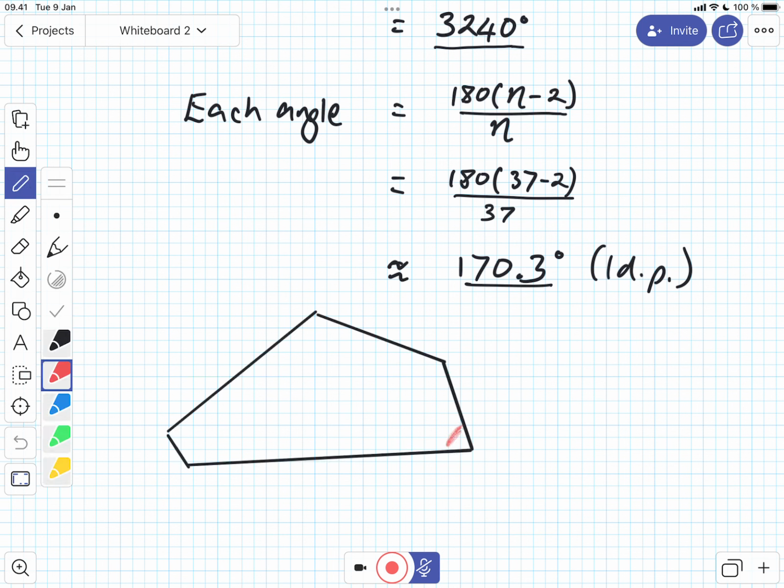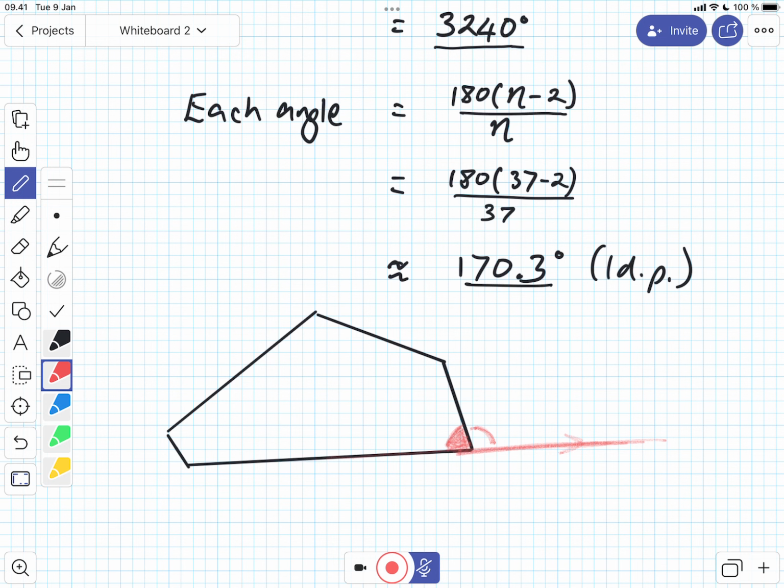So the interior angle is the angle inside a shape, and the exterior angle is if you're walking along the side of the shape and you carry on along a side outside the shape, it's the angle outside. So in fact the interior angle plus the exterior angle always add up to 180 degrees because they're on a straight line with each other.